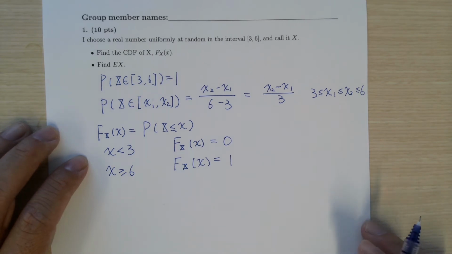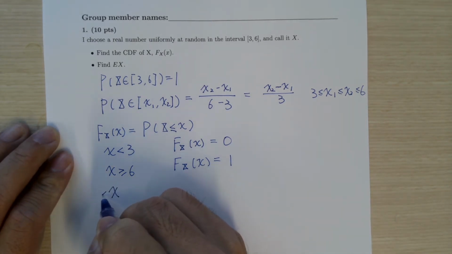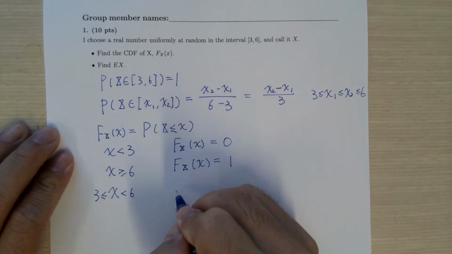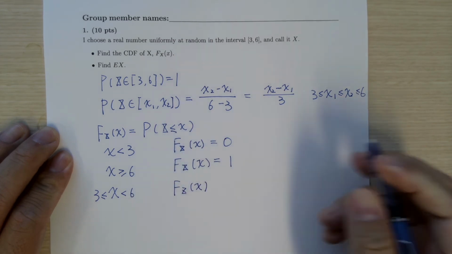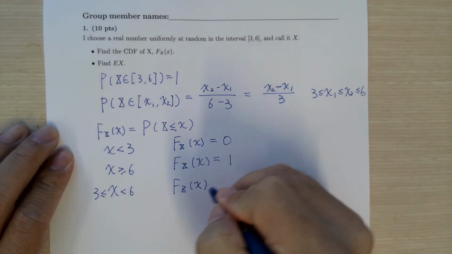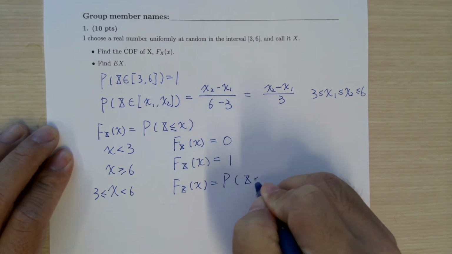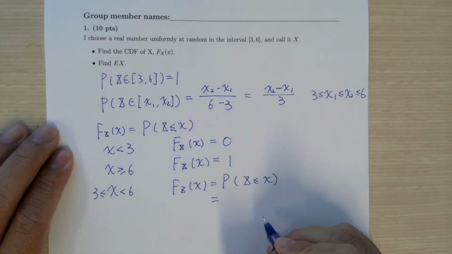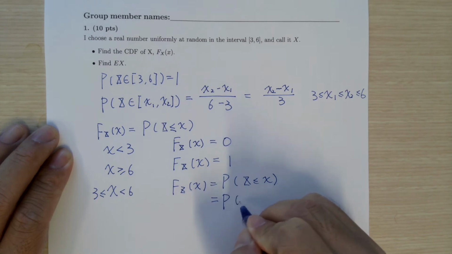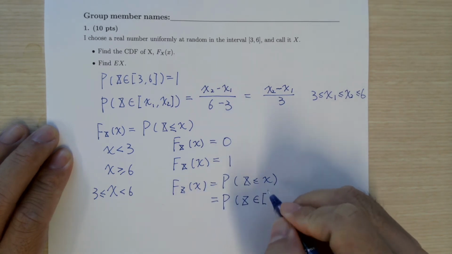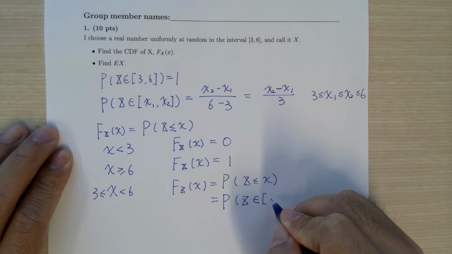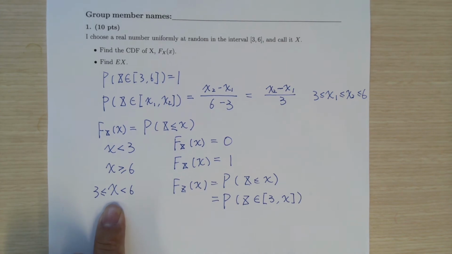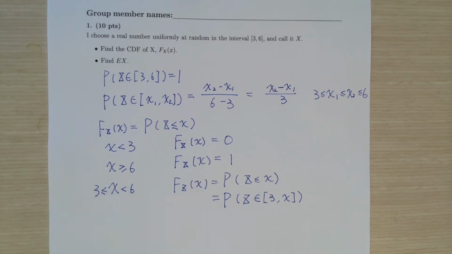What is the situation when x is greater or equal than 3 and less than 6? As you can see, this CDF is going to be the probability that X is less or equal than x. That is exactly the probability that X belongs to the interval from 3 to x, because x is greater or equal than 3 already.